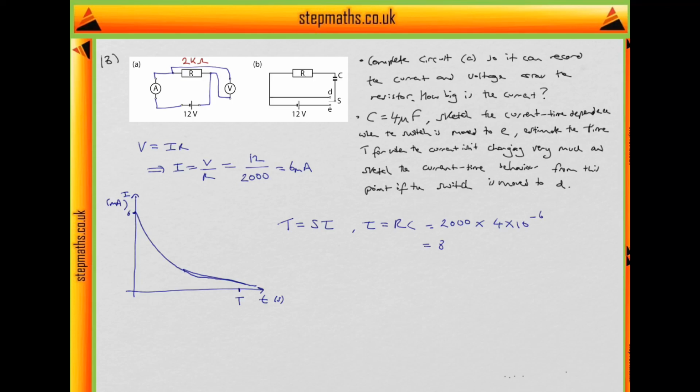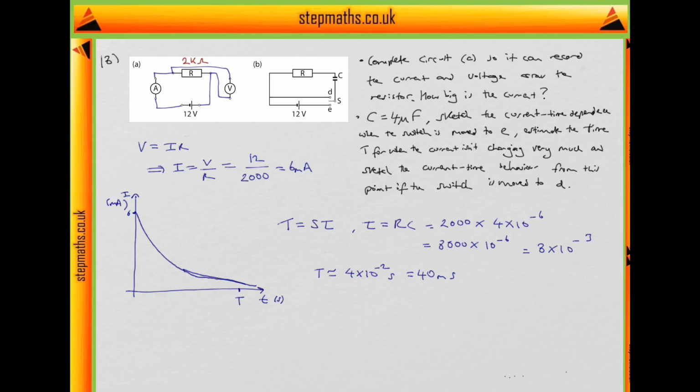Well, that gives you 8,000 times 10 to the minus 6, which equals 8 times 10 to the minus 3. So that gives us that our time T is approximately equal to 5 times that, 40 times 10 to the minus 3, or 4 times 10 to the minus 2 seconds, which is equal to 40 milliseconds.